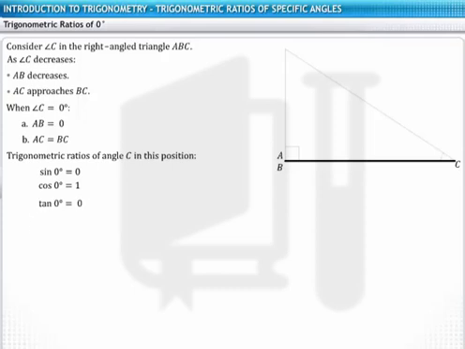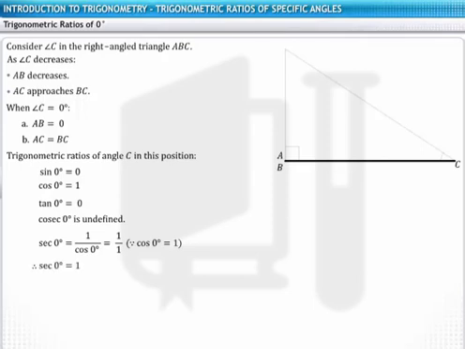Let us look at other trigonometric ratios of 0 degrees. Cosec 0 is equal to reciprocal of sin 0, which is 0. Since any quantity divided by 0 is undefined, cosec 0 is undefined. Sec 0 is equal to reciprocal of cos 0.